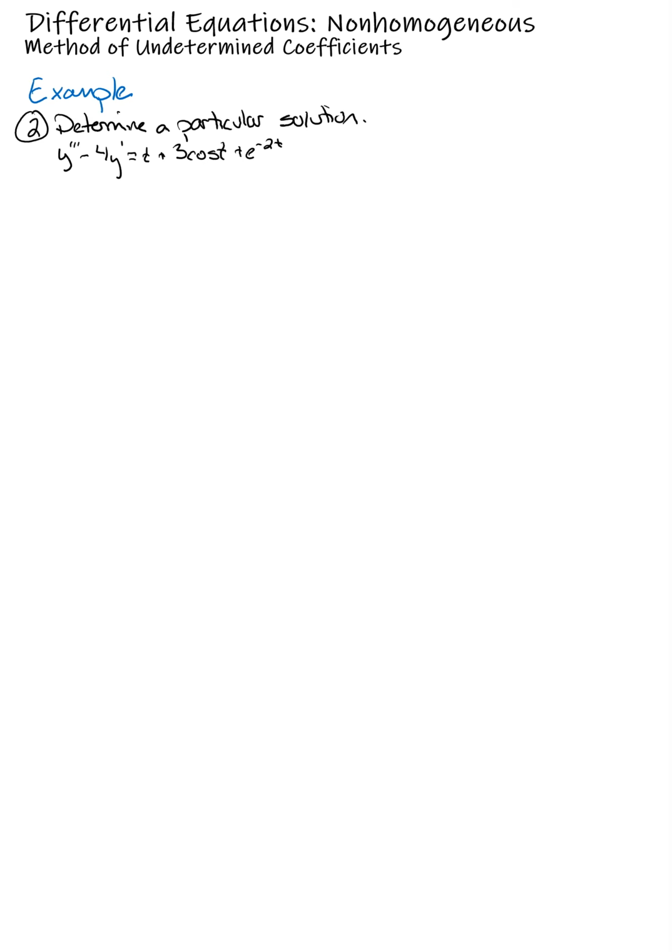First off, take note that if we look at y triple prime minus 4y prime equal to 0, this is the associated homogeneous equation.